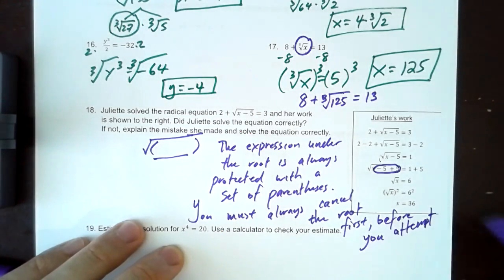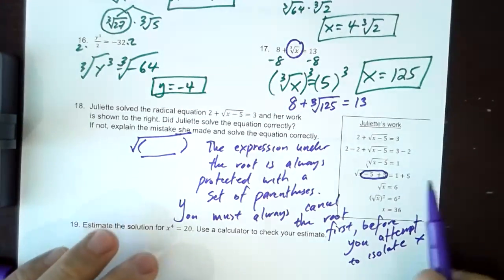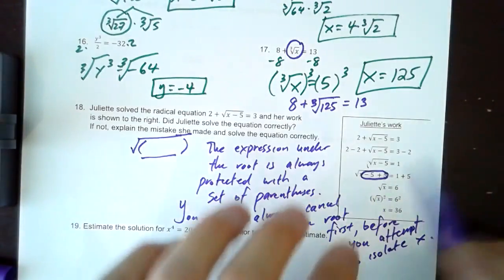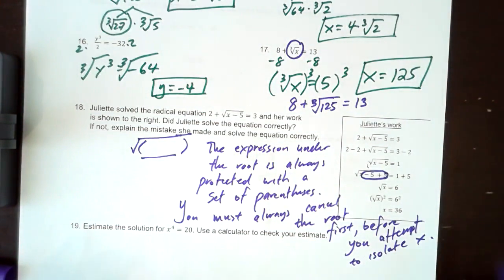Attempt to isolate x. Okay, so Juliet tried to cancel the -5 when she should have actually squared both sides and then canceled the 5 later.